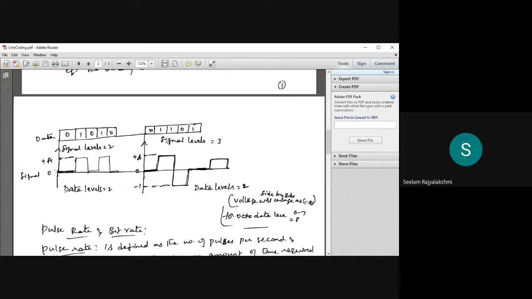In the same way, for the other one, 0 and 1 are at positive A, and if you consider another one side by side, it is minus A, and 0 again, 1. So the data levels for the binary system are 2, and here we have signal levels 3, and here signal levels 2. So this is about data levels and signal levels.